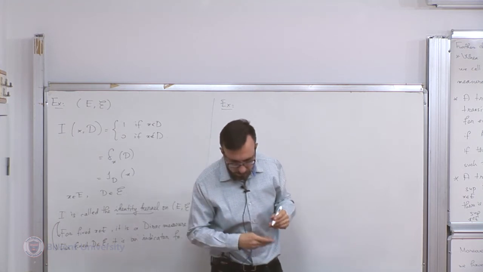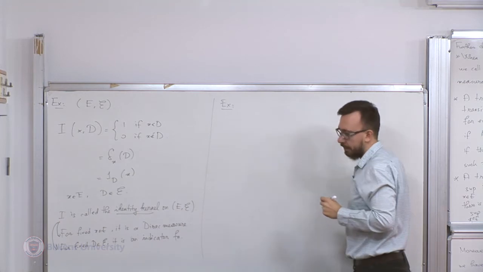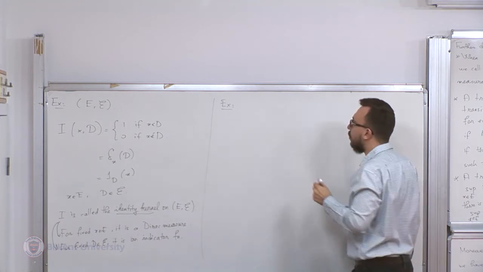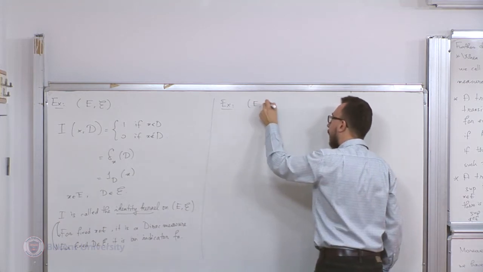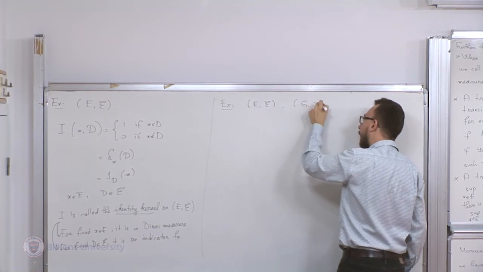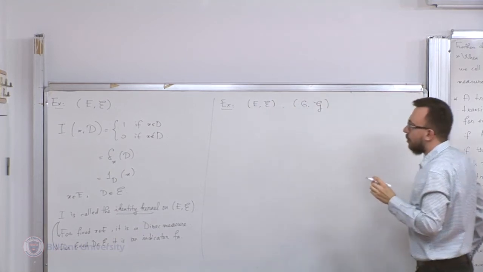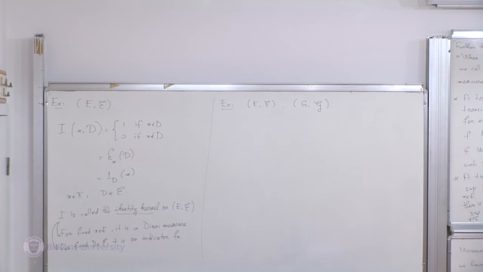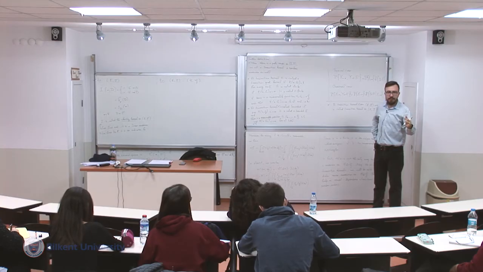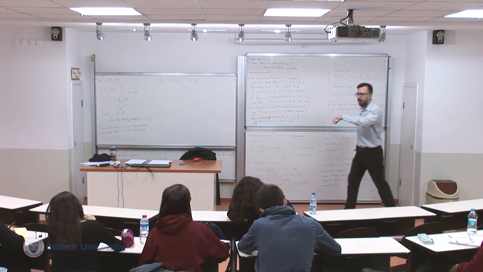Okay. Second example. Let's say now we have two spaces again. So it has this dual structure. It is a measure on the second space and a function on the first space. So let's create an example where we really multiply a function on the first space and a measure on the second space.